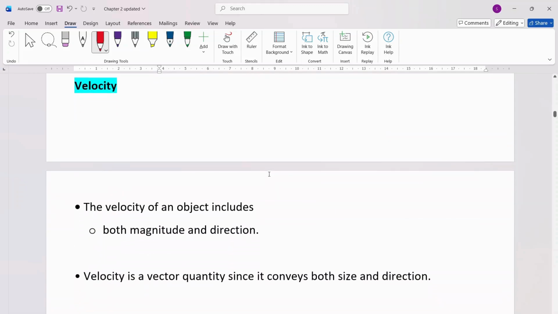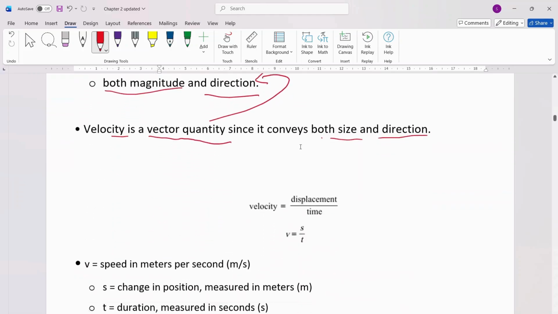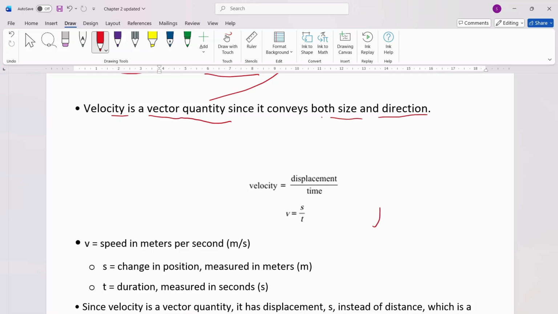Let's talk about velocity now. Velocity of an object includes both magnitude and direction. Velocity is a vector quantity. Vector means it has both magnitude and direction, since it conveys both size and direction. The formula for velocity that we have to remember is displacement over time.